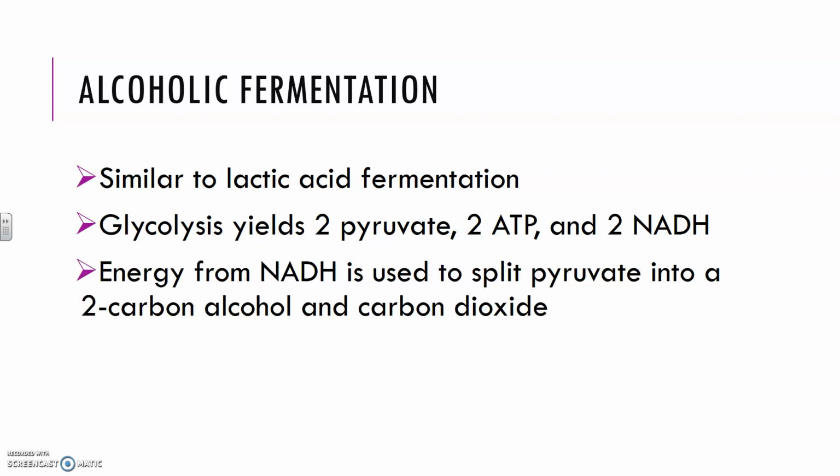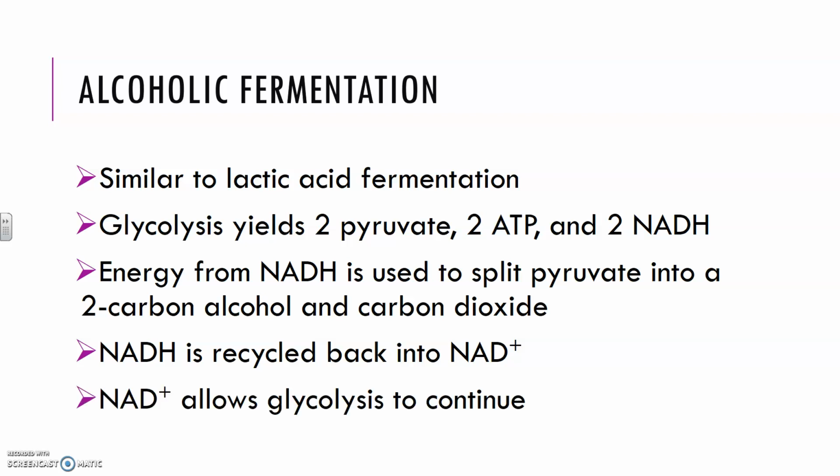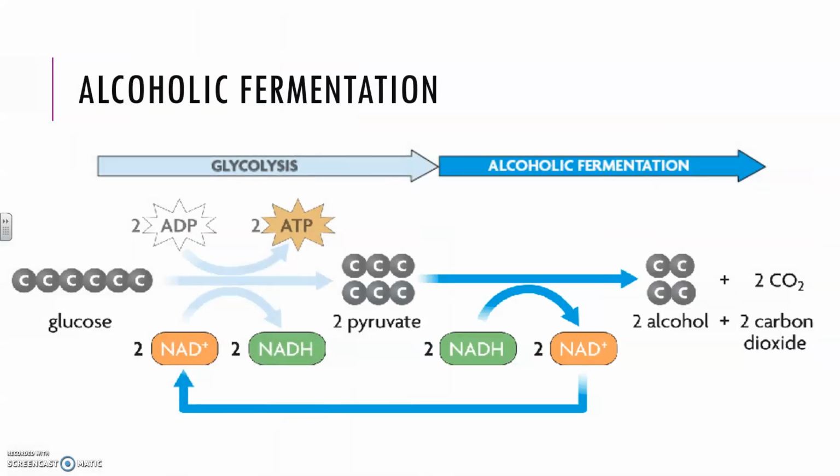The energy from those 2 NADHs is used to split pyruvate into a 2-carbon alcohol and carbon dioxide. That releases NAD plus back into the cytoplasm, which can then be used for glycolysis again. And so it also releases an alcohol.